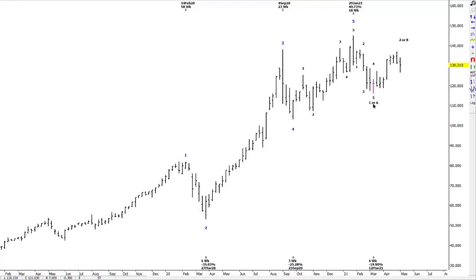If we're making a correction, a wave A, could be a wave 1 or A, should make a corrective wave 2 or B, and then should continue to a new low, or at least test or exceed this low, in a corrective wave 3 or C. Typically, we would have greater than a 35% decline off of this top before this correction was complete. So all of that is valuable information to have, and we demonstrated how we had a pattern reversal signal of a small degree that warned us that we may be completing a larger degree.